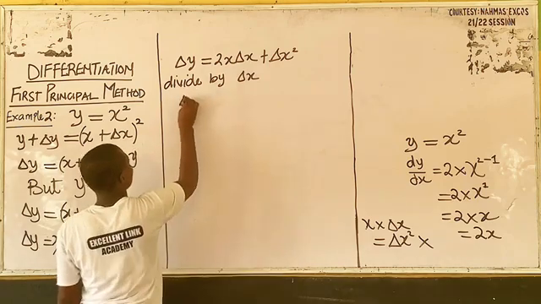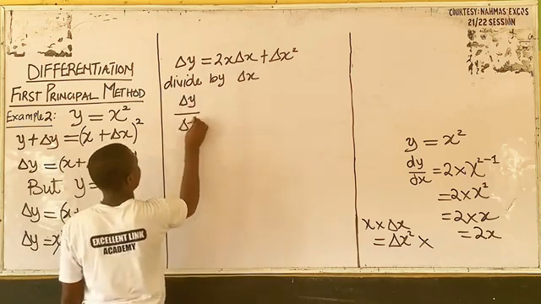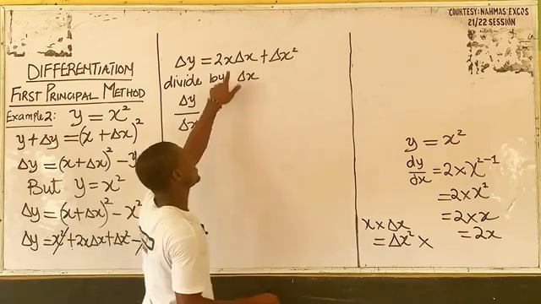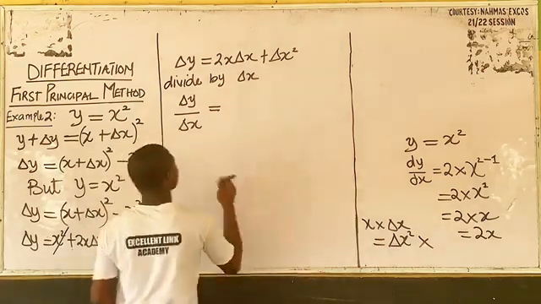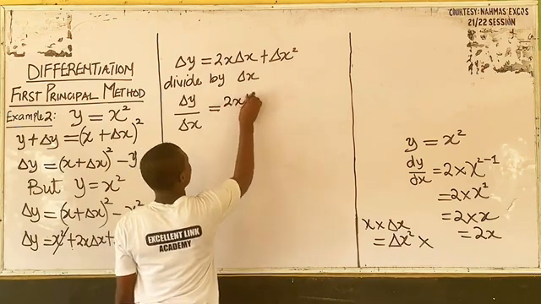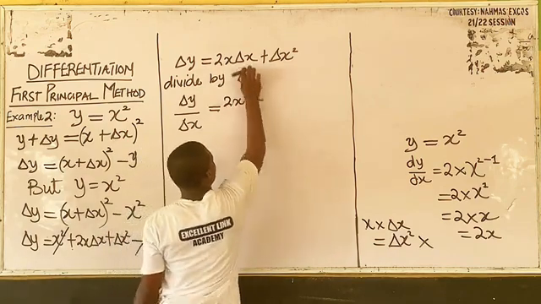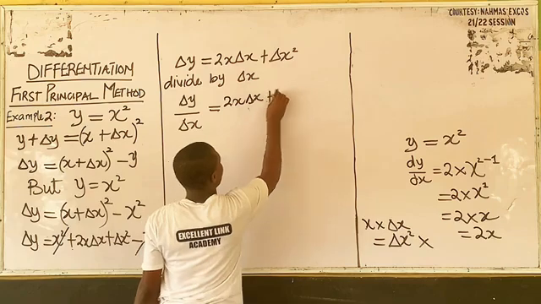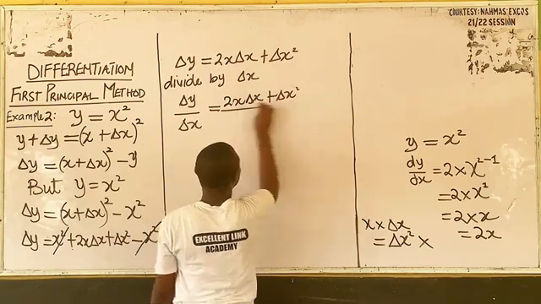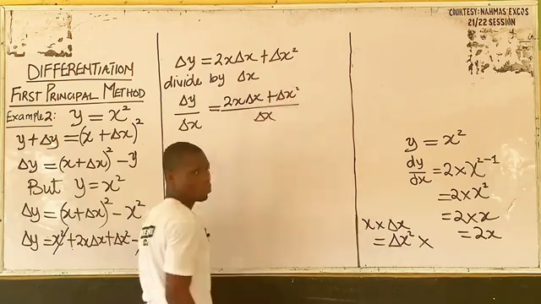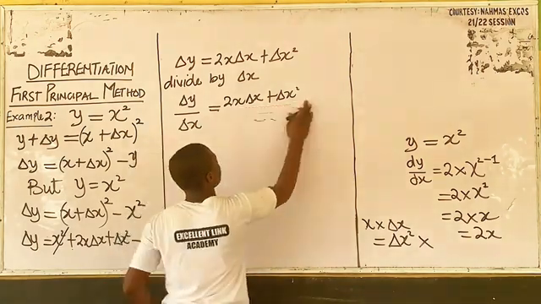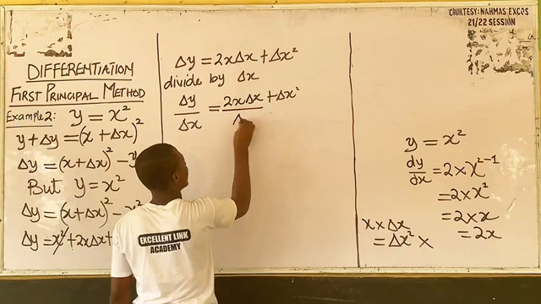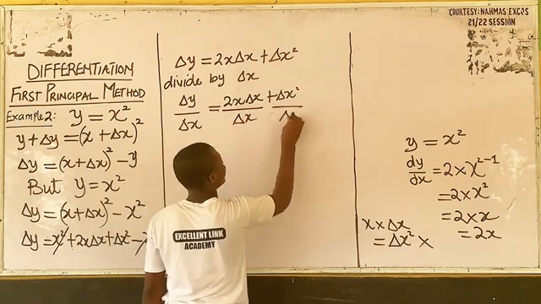So change in y over change in x is equal to, pick the terms individually and divide them by change in x. So I will not say 2x change in x plus change in x squared all over change in x. This is wrong. Pick them individually. So I shall have this one alone over change in x and this alone over change in x.